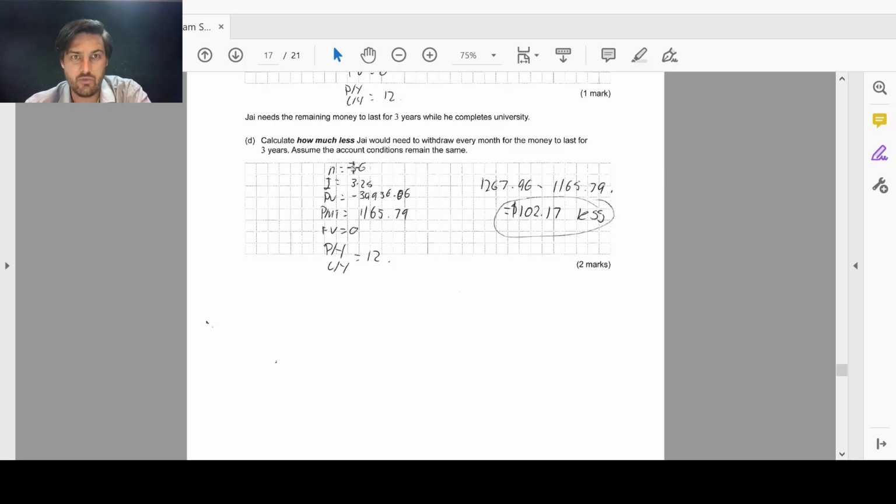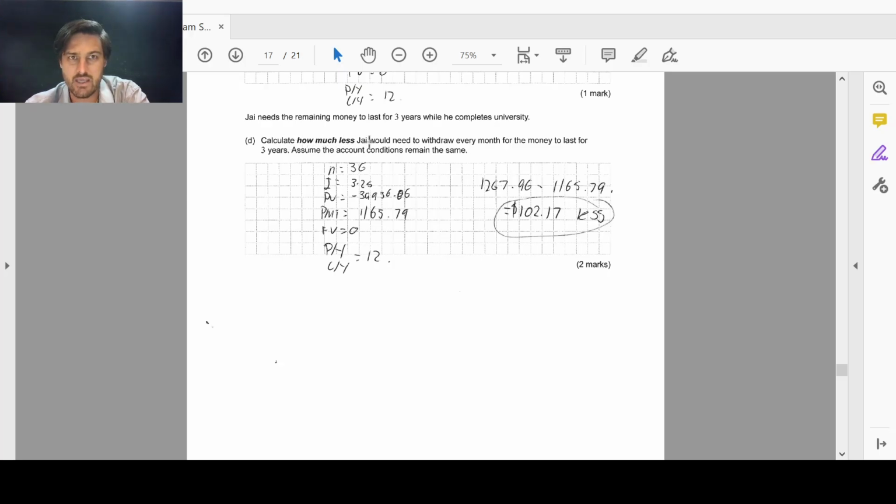So if it was going for the same period of time, 36 months, for the last 3 years, 3 times 12, 36, everything stays the same. He's got that 39,936 that we calculated earlier. His PMT that he can afford to take out is this here, what we calculated for. The question, again, is in bold, so that's obviously quite important.